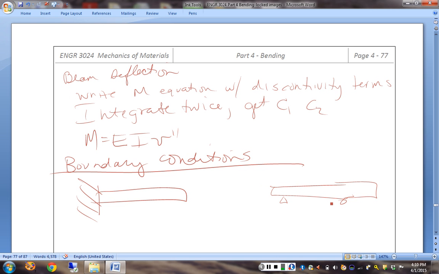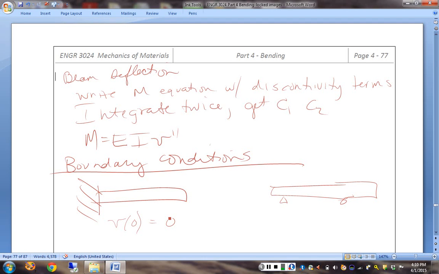What are the geometric truths about a cantilever? It cannot move up and down at the left end. What else can it not do at the left end? It cannot rotate.